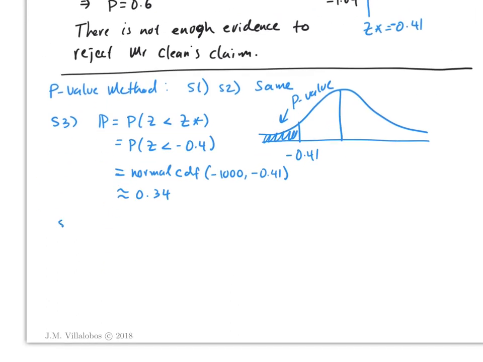Remember, the last step is always to compare the p-value, which in our case is 0.34, with alpha, which is 0.05. So this is greater, and that means fail to reject H0, and there is no need to explain twice.